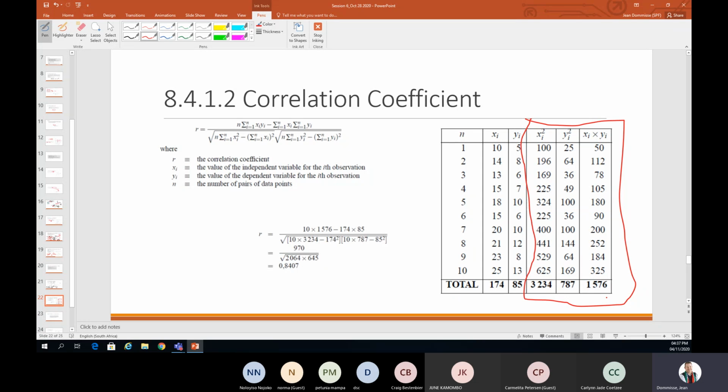They will not ask you to complete a table like this, so they will not do that. So the most likely thing is that they can give you the X and the Y, and they will ask you to work out the correlation. And that you can do with your calculator.